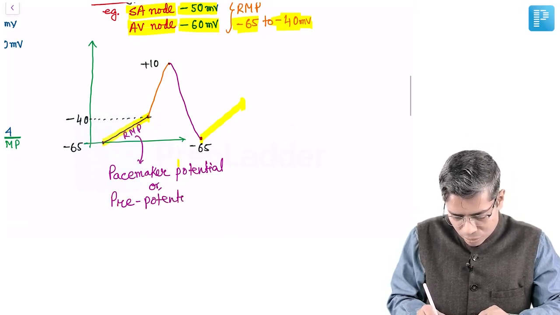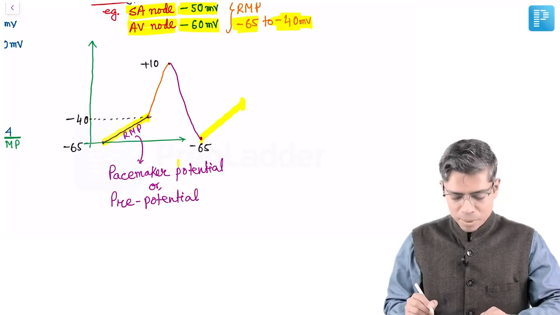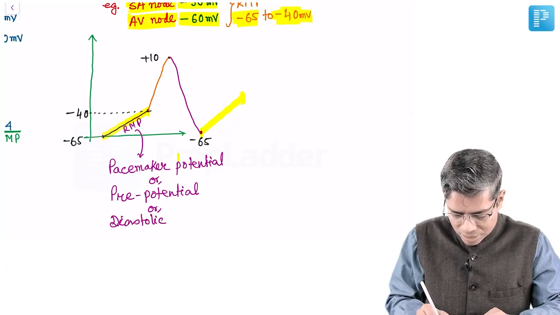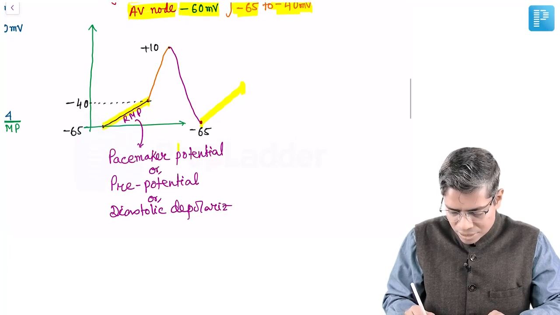Very important for MCQ. It is commonly known as pre-potential, or it is also known as diastolic depolarization phase of action potential.